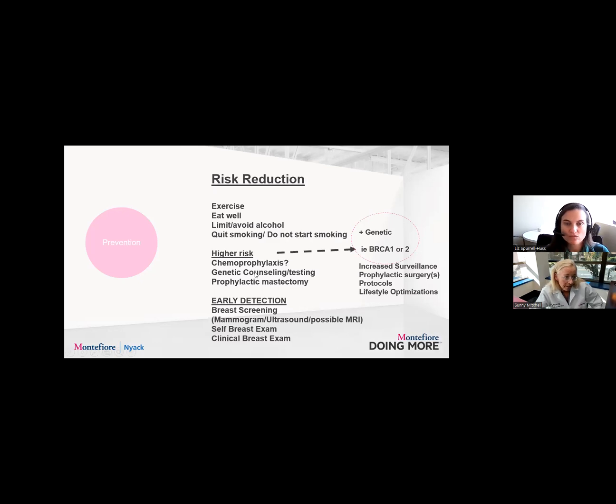So the last slide that we'll go through right now is on risk reduction. So I was asked, how do we prevent breast cancer? We do that right now by reducing our risk as much as possible. So everybody will use the term, control what you can control. What we can do as individuals is exercise.